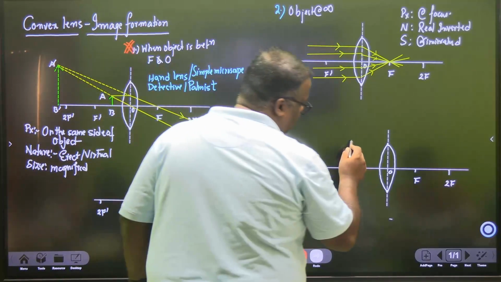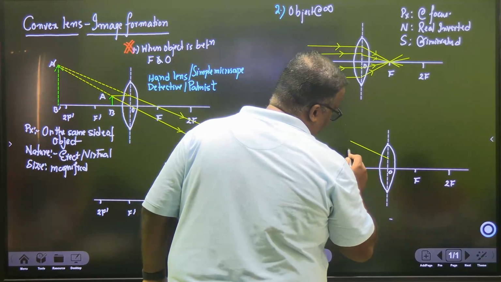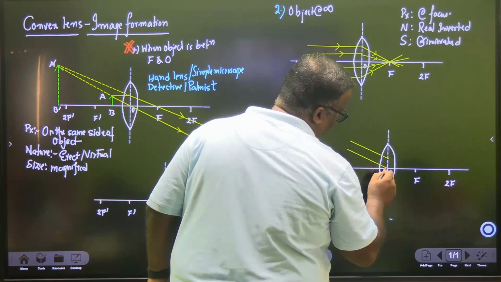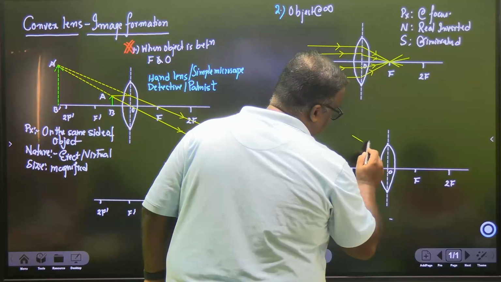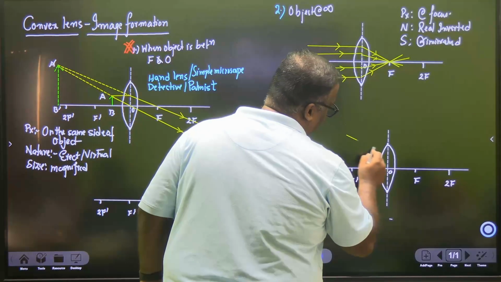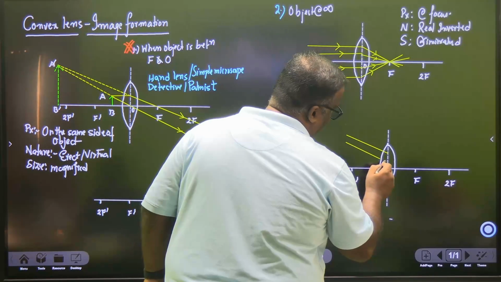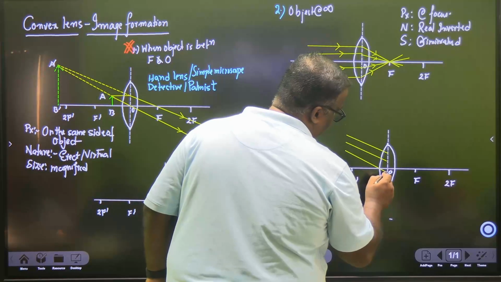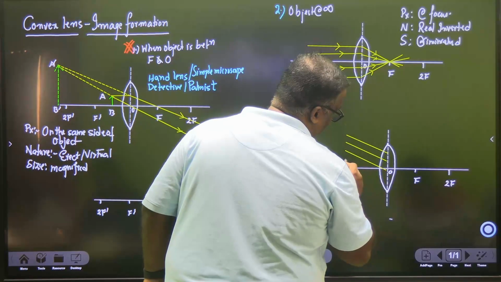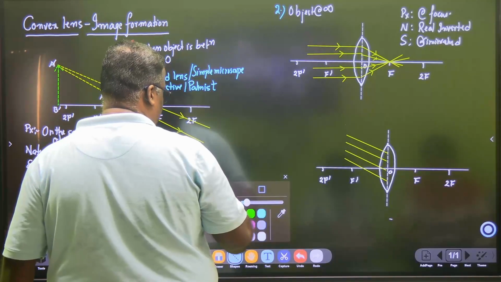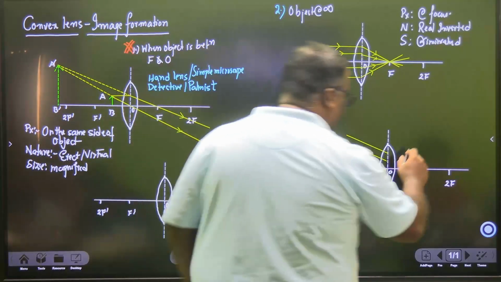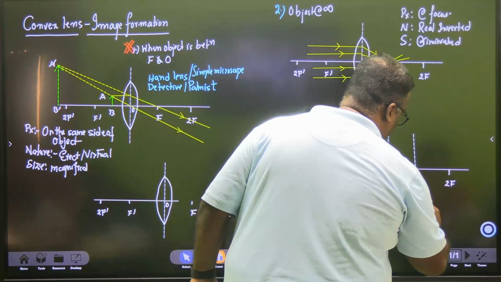In order to show that it is inverted, we will now draw one more diagram. Parallel rays coming from far off objects, far, far off. Right? Here we should have a concept of something which is called the focal plane. This is my focal plane.